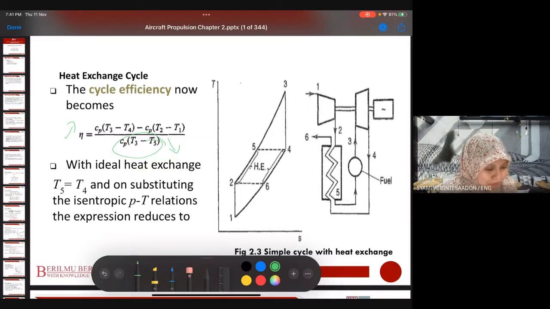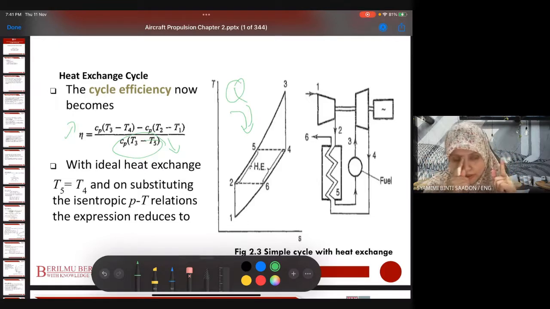Here, for the basic cycle just now, 2 to 3 is where the heat is being supplied, right? The heat source, the combustion chamber. Imagine that we don't have the regenerator yet. 2 to 3 is the heat supply.